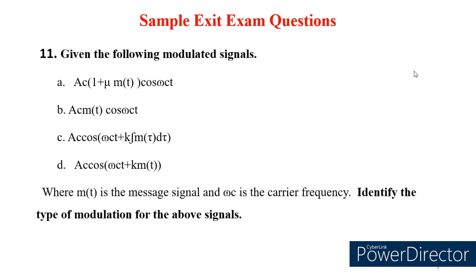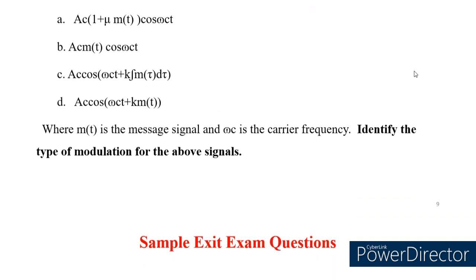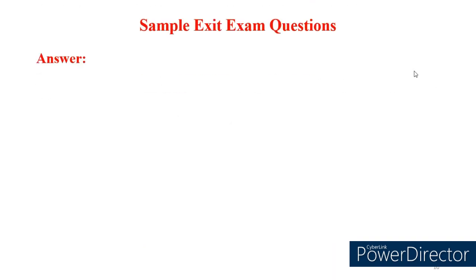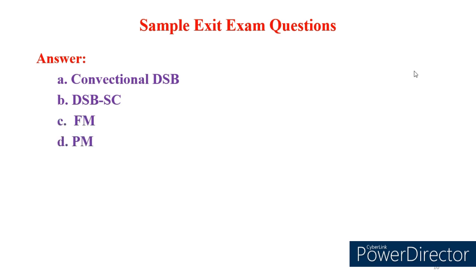And C is frequency modulation, and the last, D, represents phase modulation. So A is conventional double side band. B represents double side band suppressed carrier. C is frequency modulation, and D represents phase modulation.